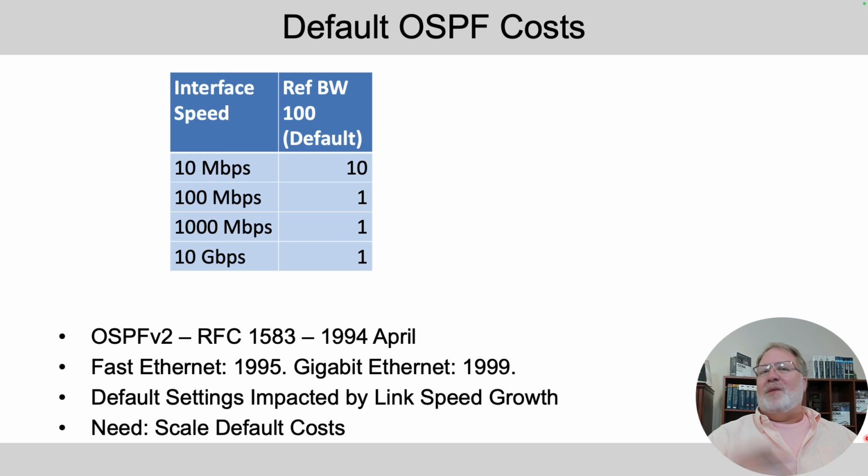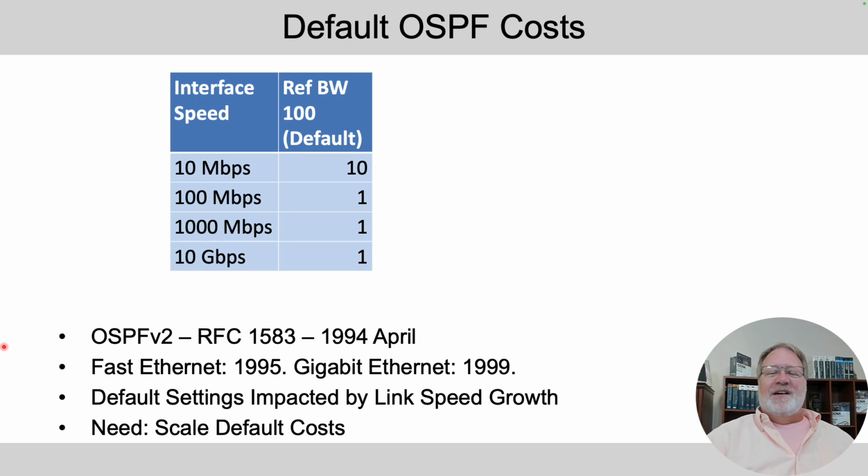Then last up, I promised you something fun as usual to think about. This is something you'll learn more about in a later chapter, but the default OSPF costs come from a formula, and the formula is based on an RFC, or an interpretation of an RFC, that's 30 years old. Just for perspective, the original OSPF RFCs predated 100 megabit Fast Ethernet.